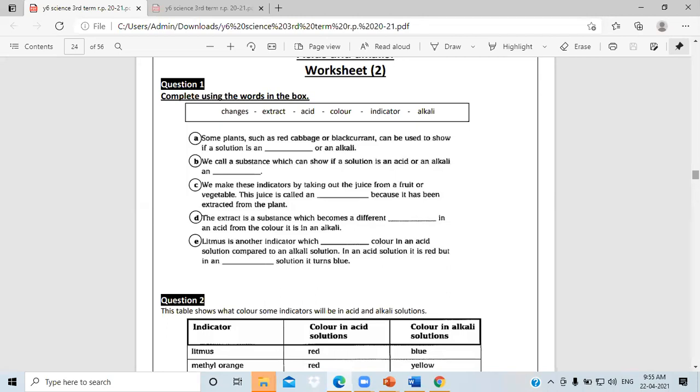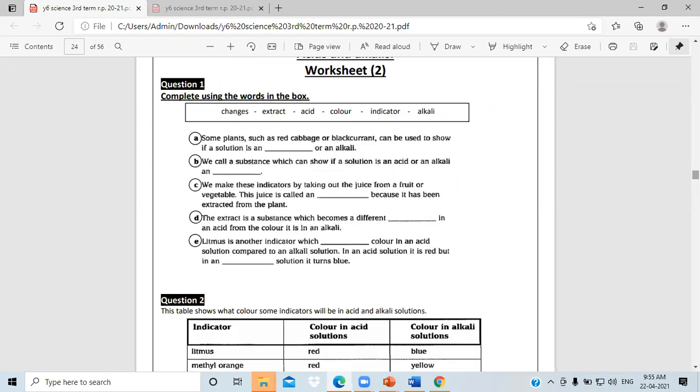Okay, so we're going to start first with question number 1, and then in question number 2, we're going to use the colors. Question number 1, we have words in this box. Those words are changes, extract, acid, color, indicator, and alkali.